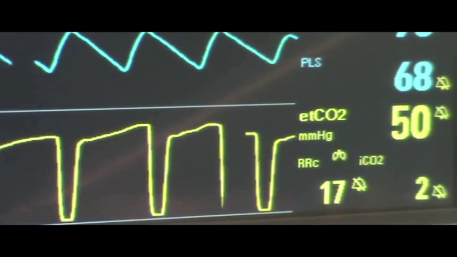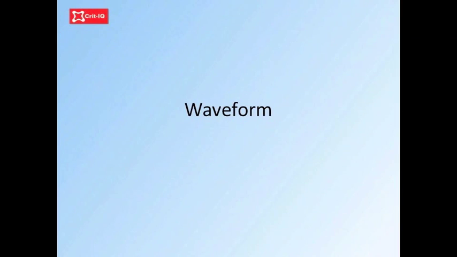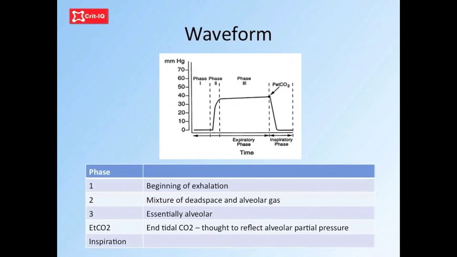The waveform generated by continuous electronic modes has a distinctive shape. The diagram illustrates the described phases of the waveform. During inspiration, the measured CO2 is almost zero, reflecting ambient air CO2 concentrations.